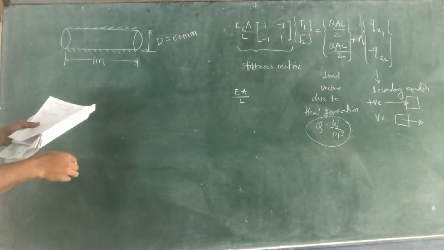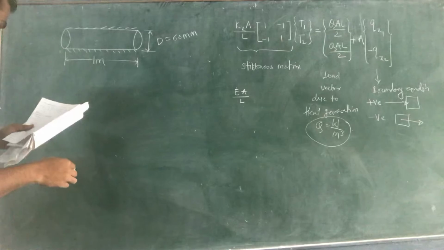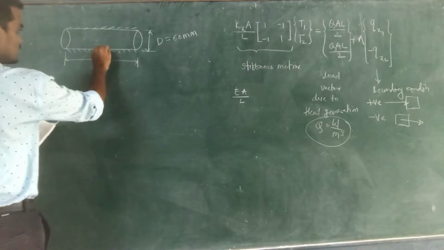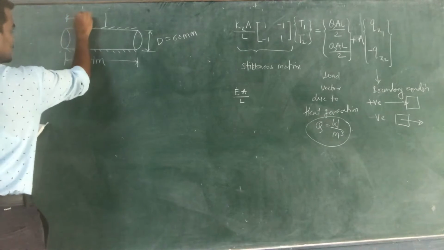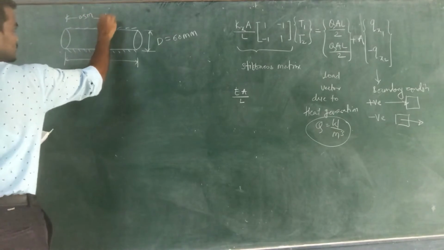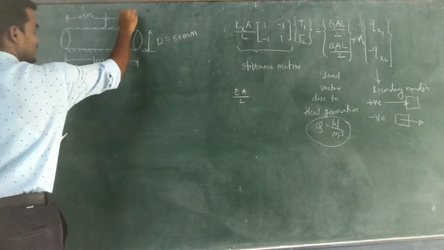The left half of the cylinder is of aluminium. This is 1 meter, so it is 0.5 meter and 0.5 meter.